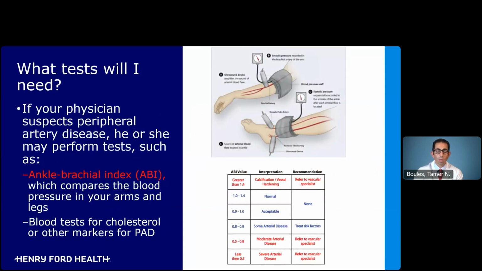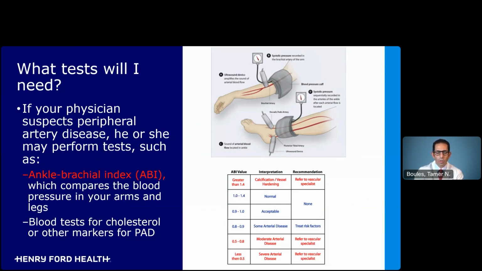What tests beyond physical examination are appropriate for patients with peripheral arterial disease? Well, it's important to share with you that the initial tests are very non-invasive tests that can be done in the office. So if your doctor suspects you might have peripheral arterial disease based on symptoms that you report or based on an abnormal absence of a pulse in one foot or the other, a test called an ankle brachial index can be performed, which is a fancy term that describes comparing the blood pressure in your legs to your arms.